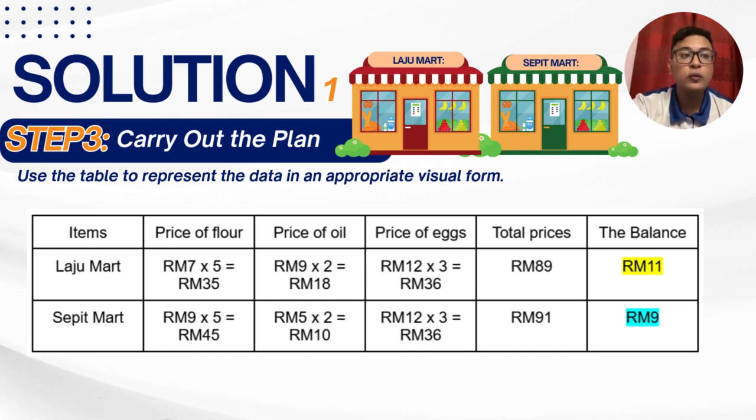So from this, we know that Azlan will get a bigger balance at the first store than at the second store. So we can determine that the first store is cheaper than the second store, because its balance is more than the balance that Azlan gets from the second store.